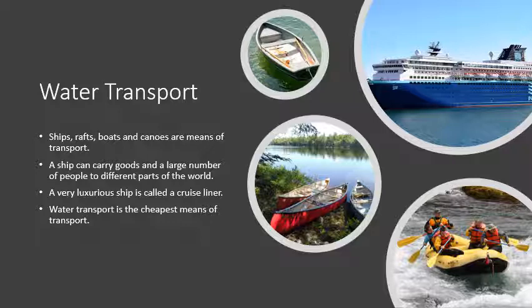A ship can carry goods and a large number of people to different parts of the world. As in the picture you can see the ship. Ships are very large and can carry a very large number of people and heavy goods from one country to another.